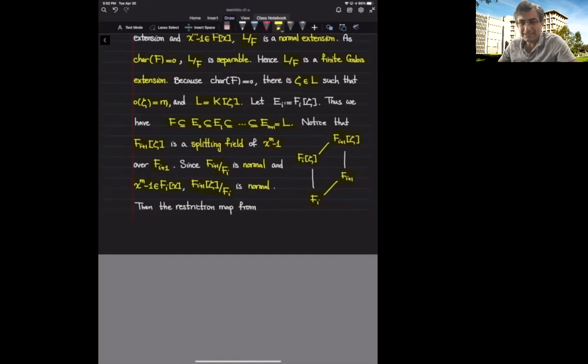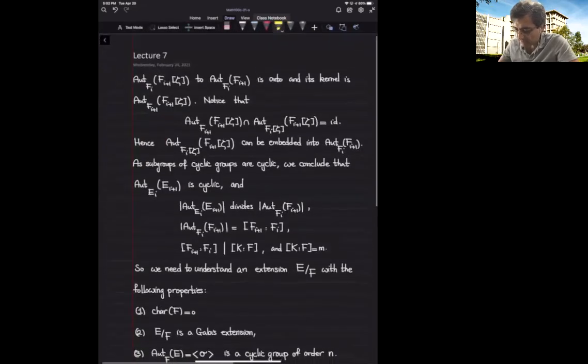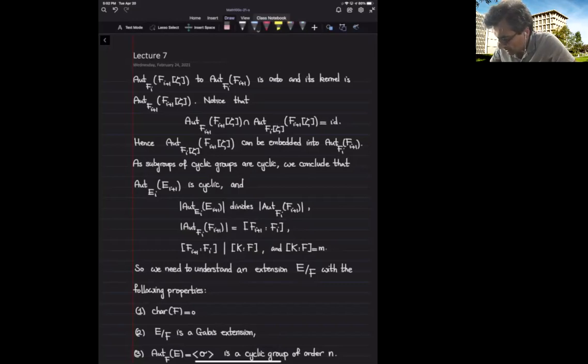Because these are normal extensions, the restriction map would be a surjective map, and we get a surjective map from the automorphisms. So this is a diagram that we have. Let me rewrite it over here.